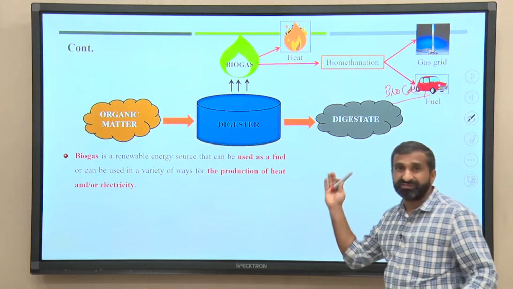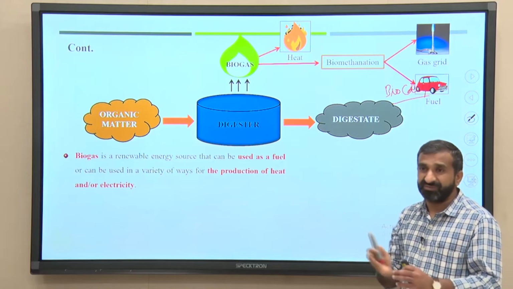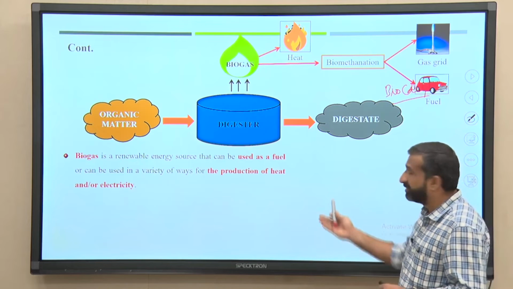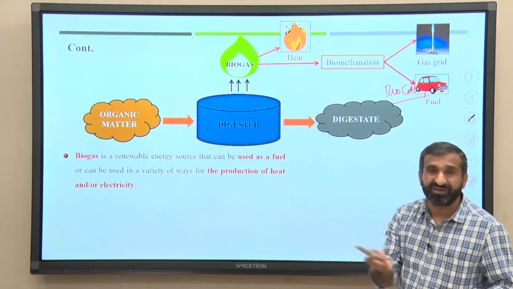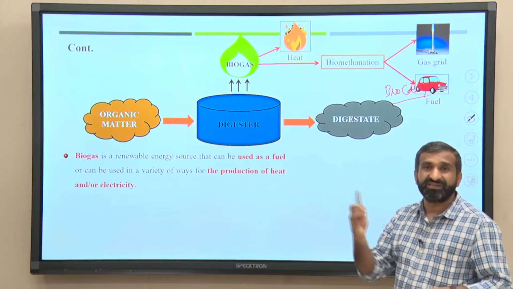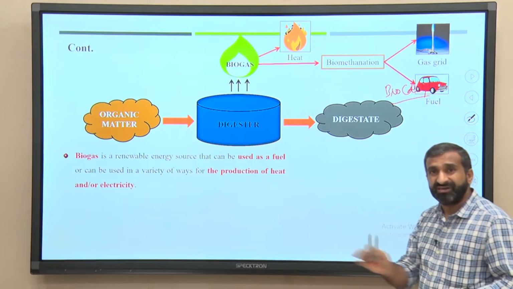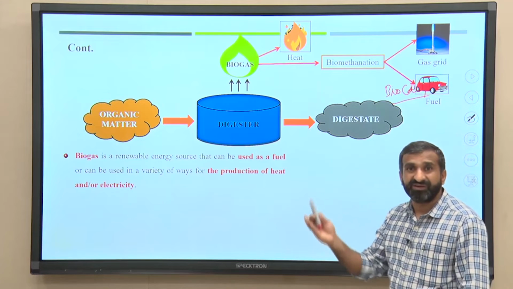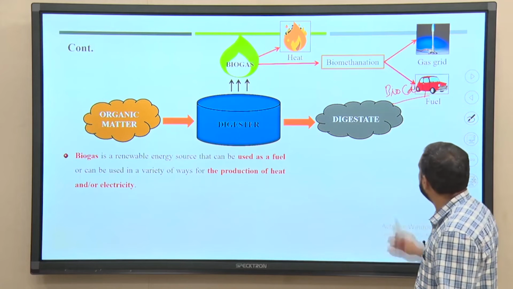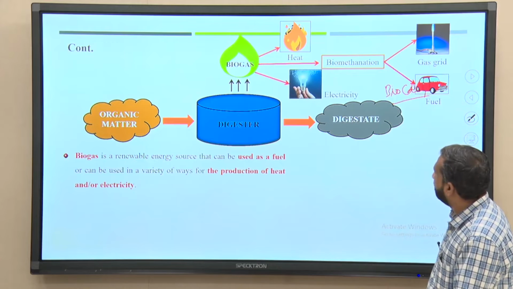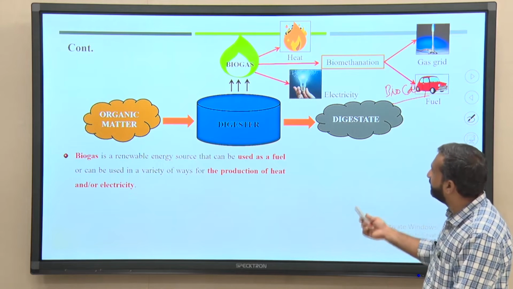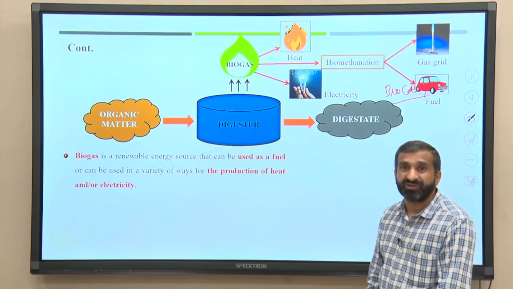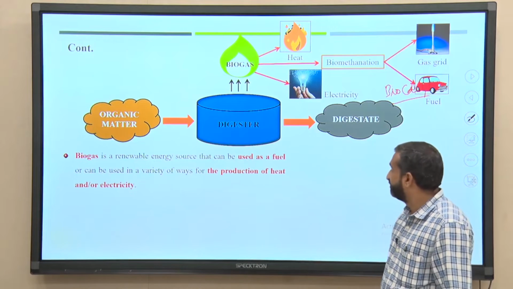Here, through biogas also, if you are able to remove the carbon dioxide and other gases like hydrogen sulphide, hydrogen or ammonia, you can come up with a methane percentage of 95 to 98% and use it as a fuel. The same biogas can also be used for electricity or power production.